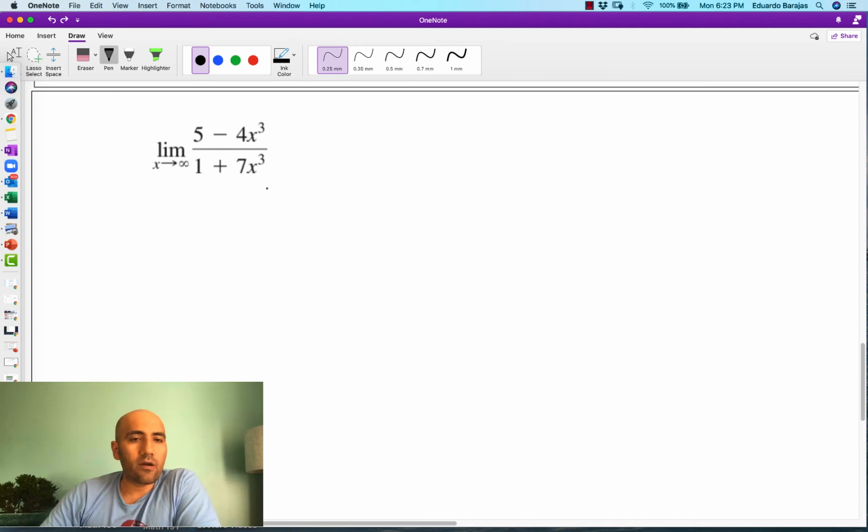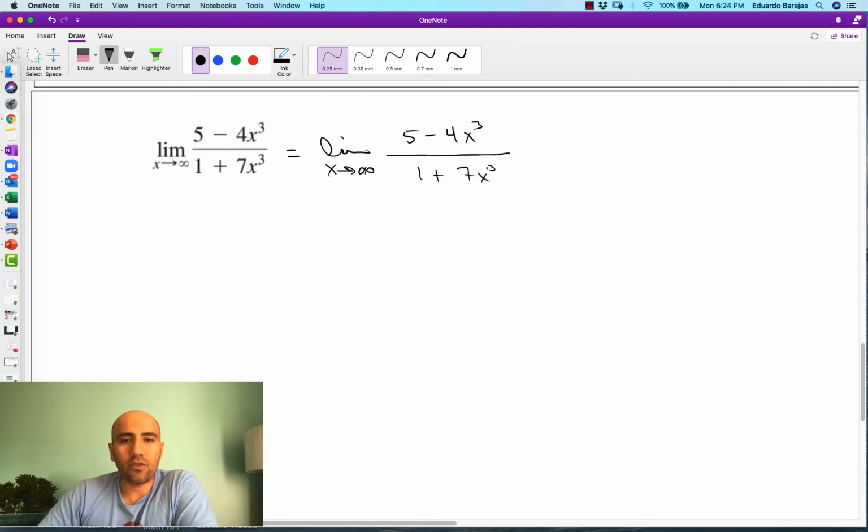Okay, let's say that we are asked to evaluate this limit, the limit as x goes to positive infinity of this ratio. First of all, let's explore this using our techniques and methods from Chapter 2. If this was a question back in Chapter 2, maybe one of the things we try is the following. Let's say that this is equivalent to the limit as x approaches infinity of 5 minus 4x to the third power over 1 plus 7x to the third power.